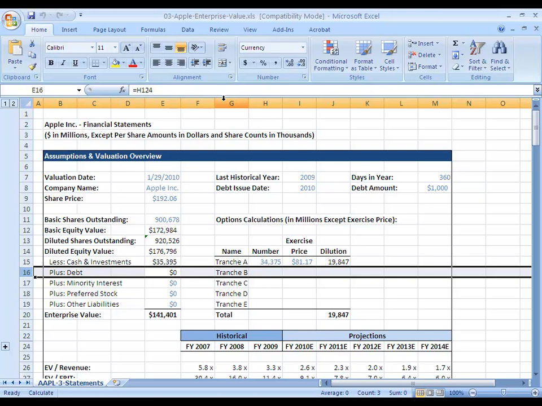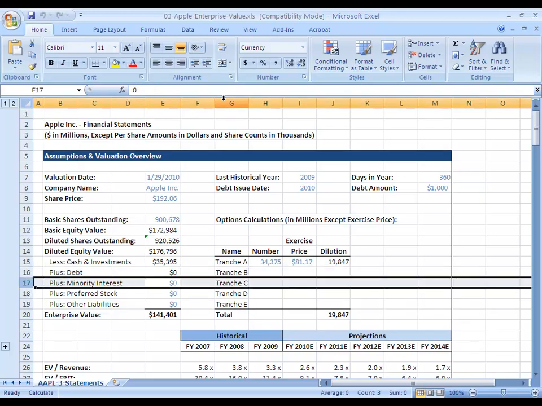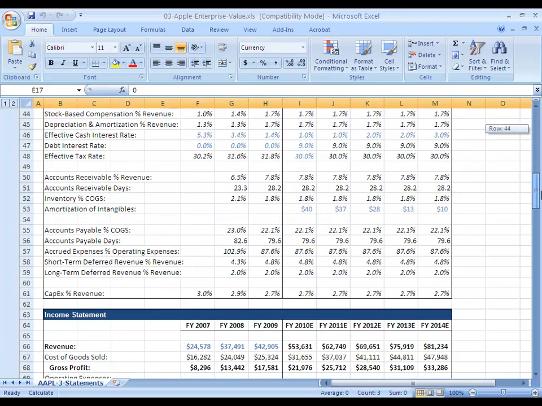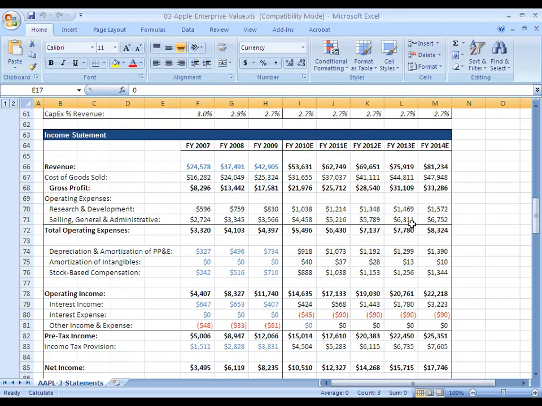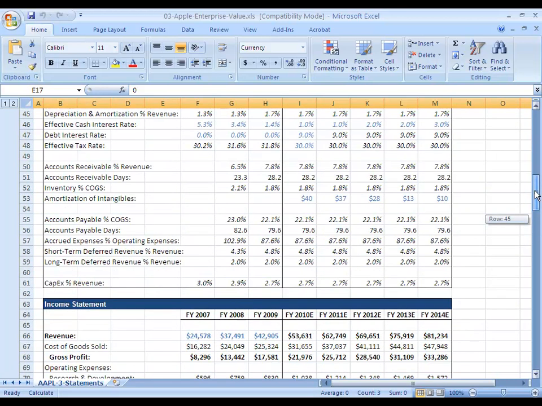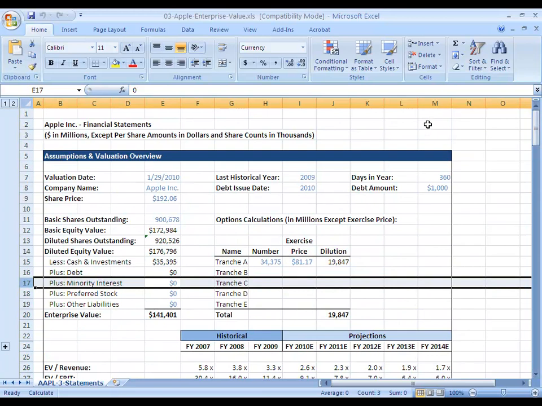Minority interest, this one the reasoning is a bit different. This one you add because when you own over 50% of a company, that company's financials would show up on our income statement. So if Apple owned over 50% of a company, their revenue and profit would show up on the income statement right here. So to reflect that, we need to add in the portion of the company that we do not own.